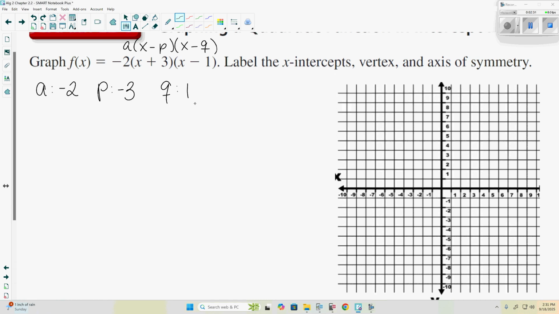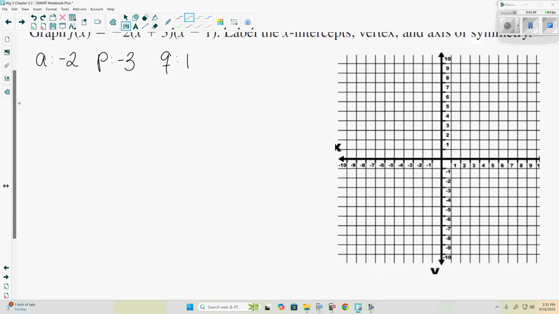Almost. 1, positive 1. p is going to be -3 because the only way we can go from x minus p to x plus 3 is if the value of p is negative. For x minus 1, our value of q is going to be positive 1 because we're going from x minus q to x minus 1. There is no sign change, so q has to be 1. So we have our values for a, p, and q.